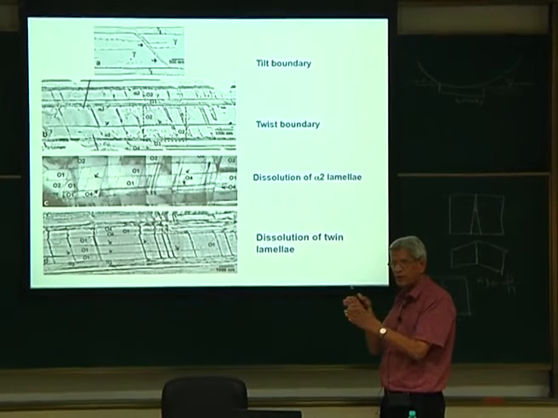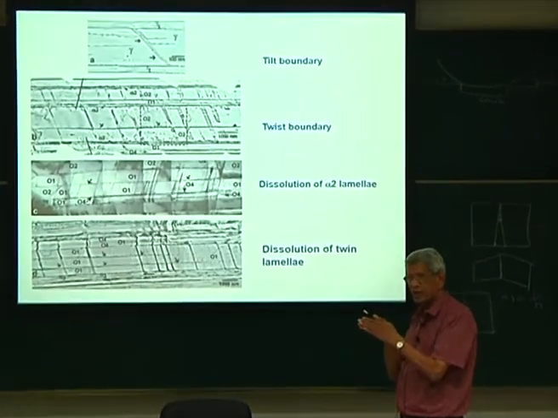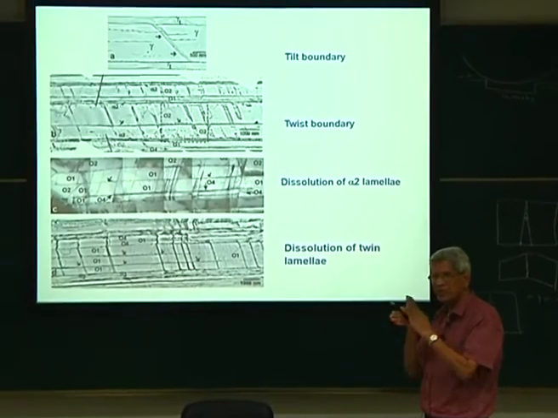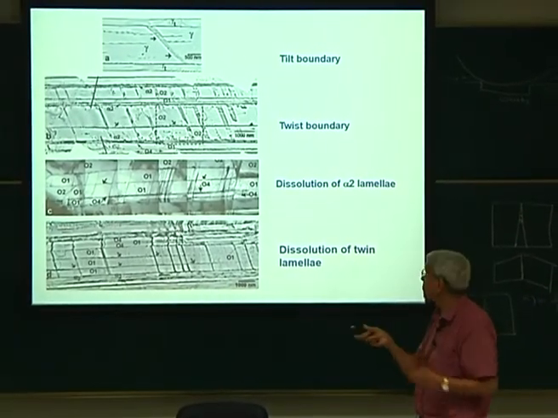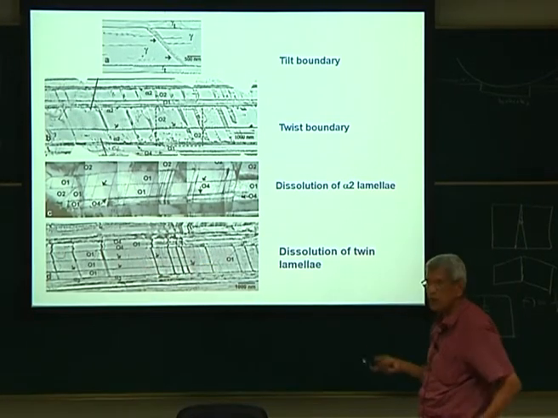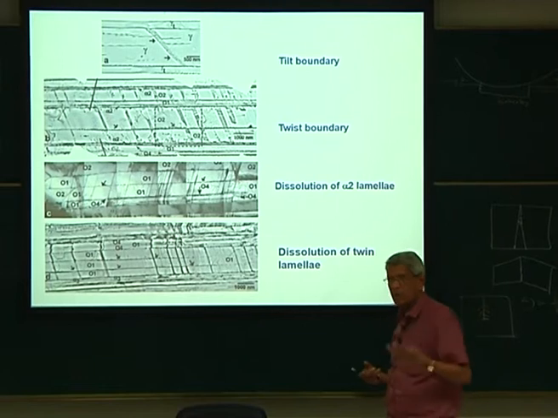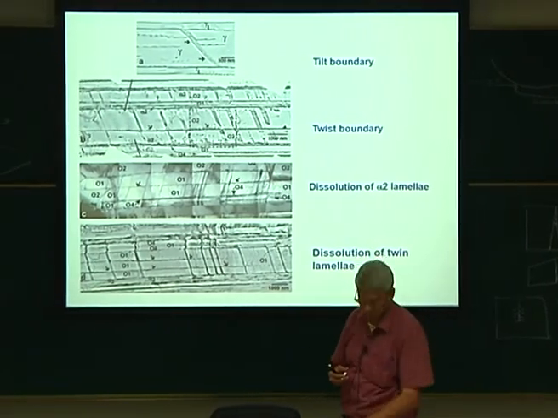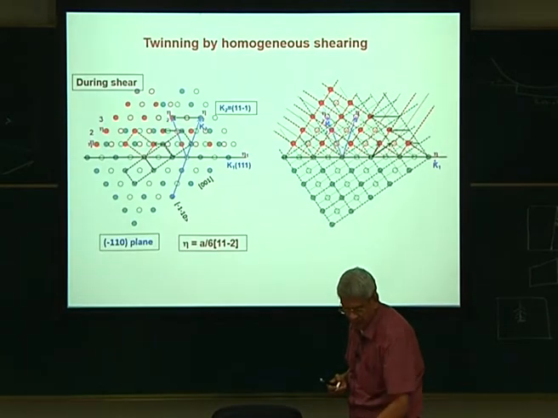When it forms on either side, a small misorientation can come. Suppose the HCP structure dissolves, then with that misorientation a boundary will form. That is what this boundary is called, dissolution of alpha 2. And another is when a twin is receding, that will also evolve. So, there are various ways in which this boundary can form during heat treatment in materials.